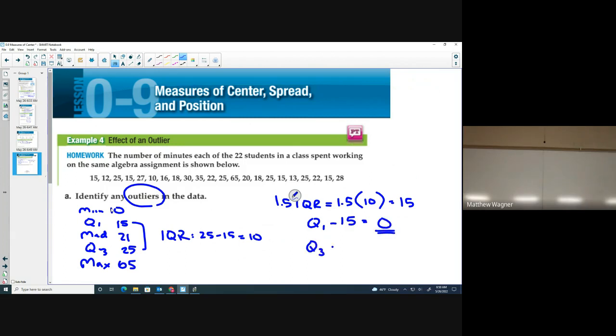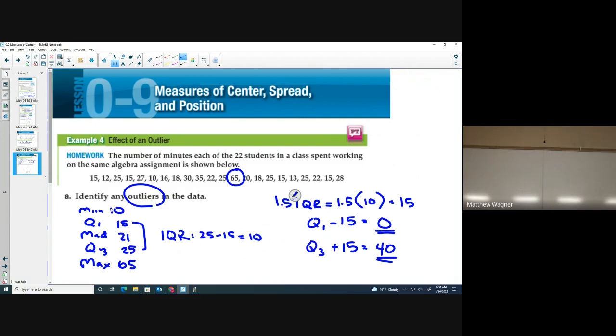We take our upper quartile and add 1.5 times our interquartile range to it, which is going to be 40. Outliers are going to be outside of those numbers. When I look at my data, there's nothing lower than 0, which is fine. But I see that 65 is way bigger than 40. That's an outlier in my information.